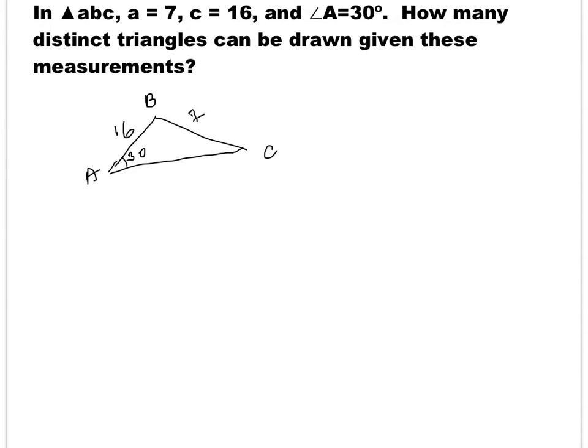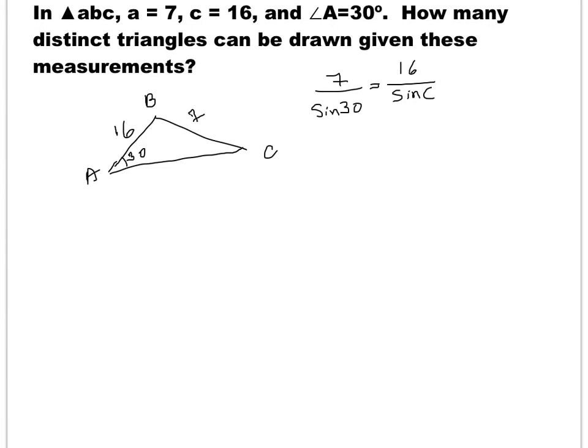We are supposed to find how many distinct triangles can be drawn given these measurements. Since two sides and an angle in front of one of them are given, we can use the sine law. We can use 7 over sine of the angle in front of it, which is sine 30, is equal to 16 over sine C.